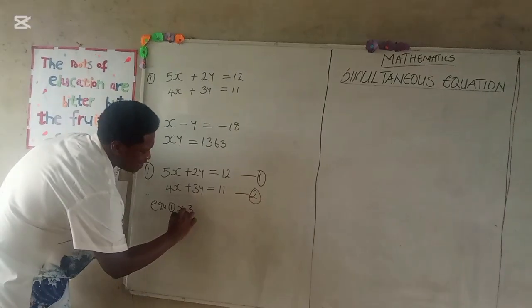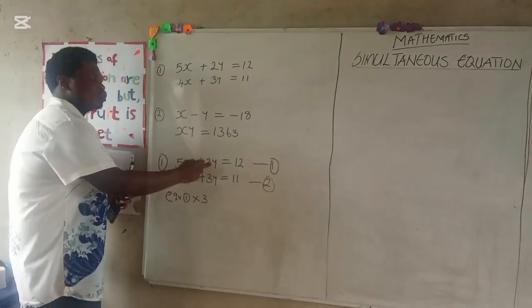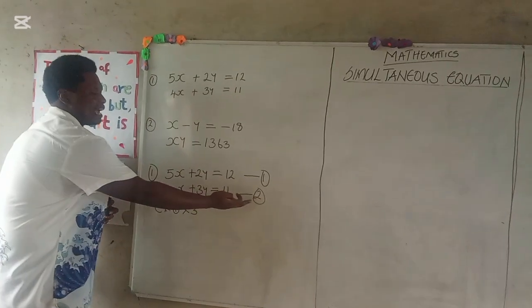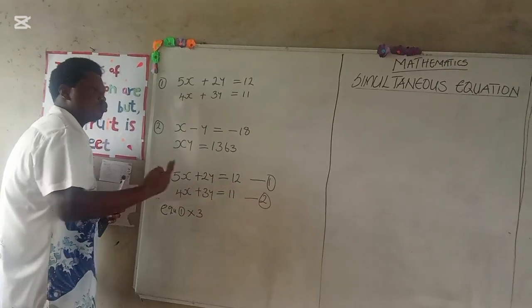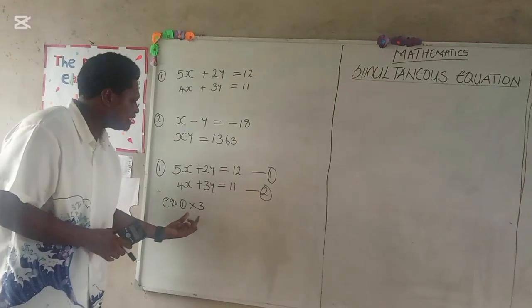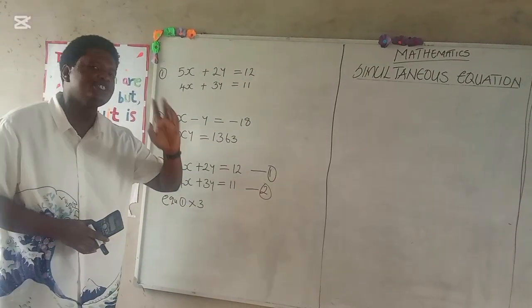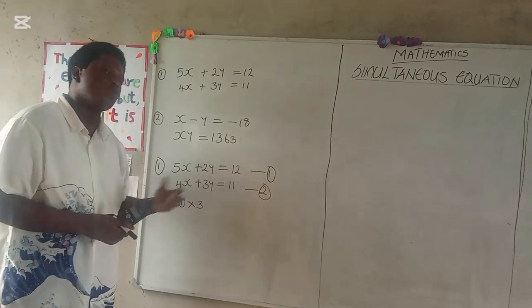multiply by 3. I'm going to multiply equation 1 by 3, so I'll have 6, and I'll multiply equation 2 by 2, so I'll have 6. And don't forget, when saying equation 1 times 3, it's every single item here that we are going to use to multiply, not just the 2 here.